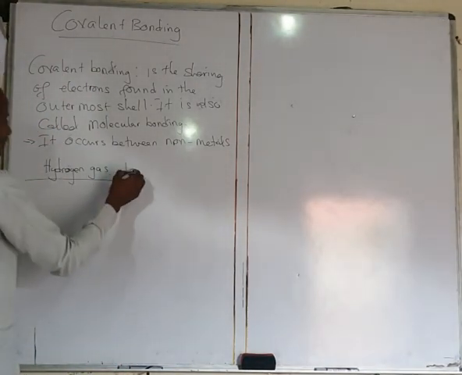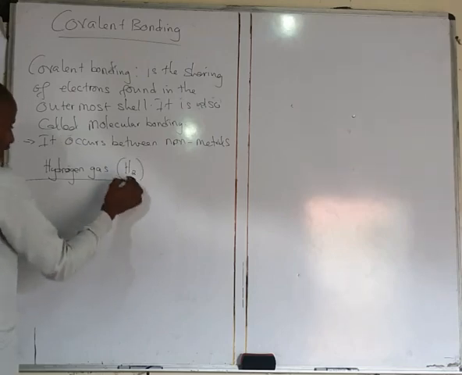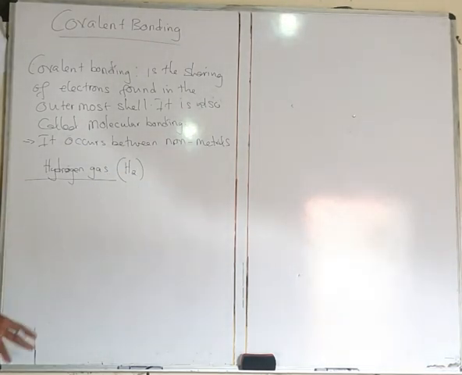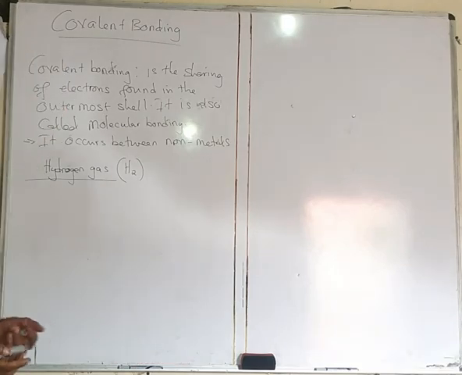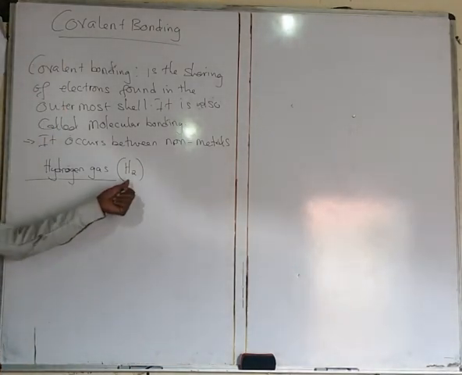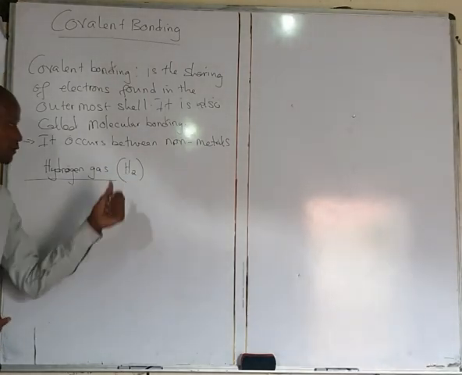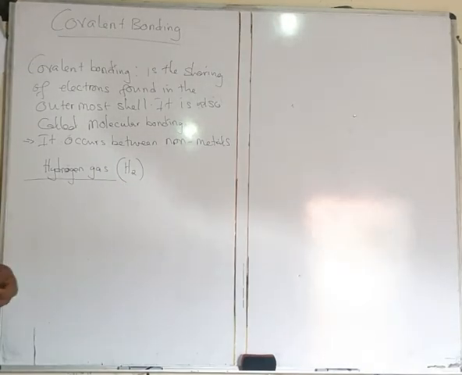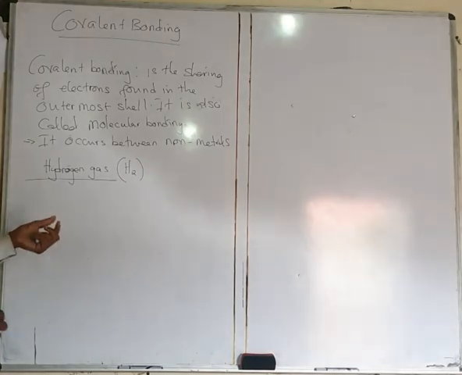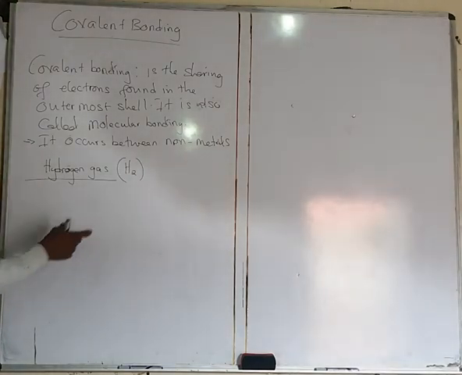H2. The hydrogen atom is just H, the symbol for hydrogen, but the gas is H2. Which simply means that two hydrogen atoms have shared electrons to form the hydrogen molecule.